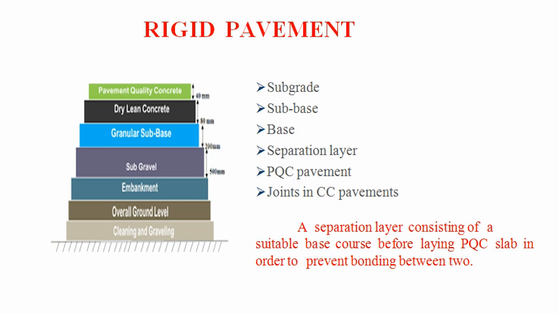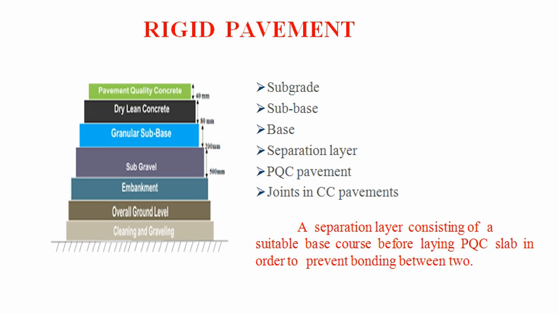Again, we can see the various layers in the rigid pavement. Starting from the top, we have the pavement quality concrete, that is a concrete which has the properties required for the construction of a pavement.